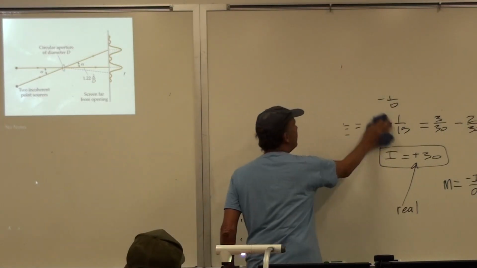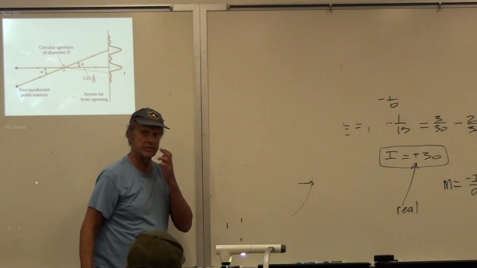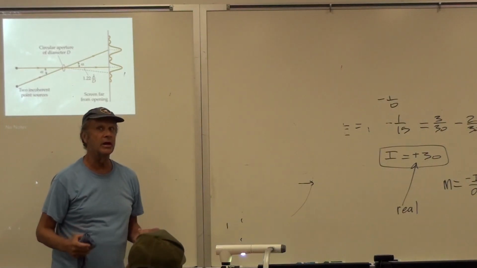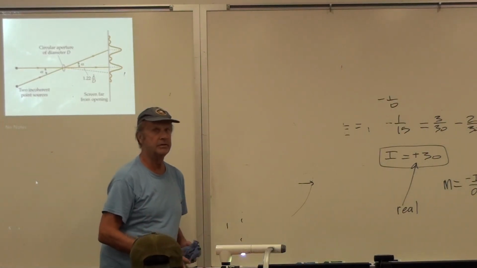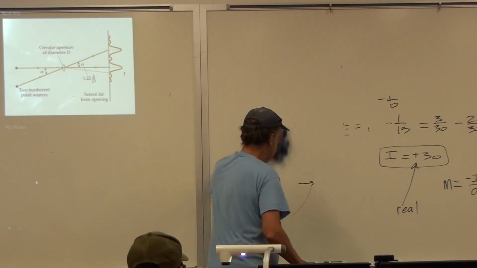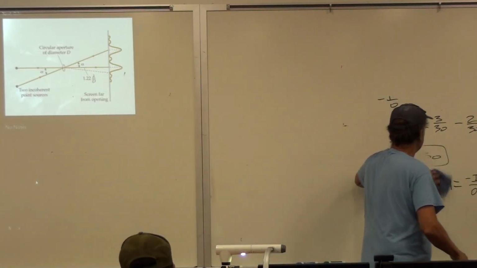And by the way, all the math that I've been doing here for mirrors is also going to work for lenses. If we just tool up a little bit, I'm going to be showing you some lens equations that look very similar mathematically in a few minutes.